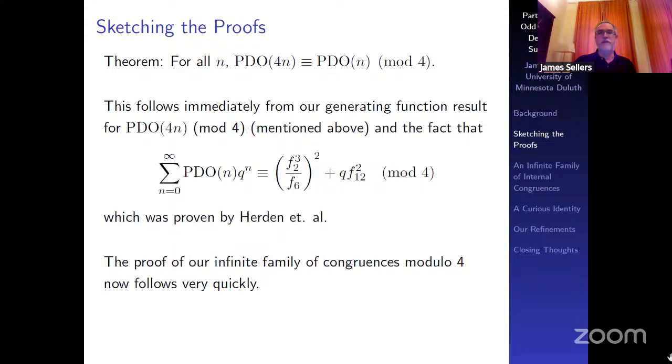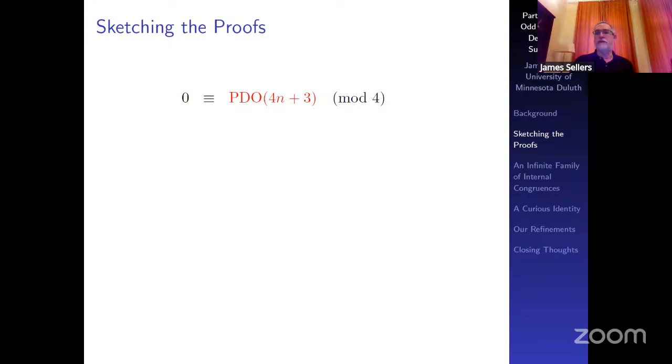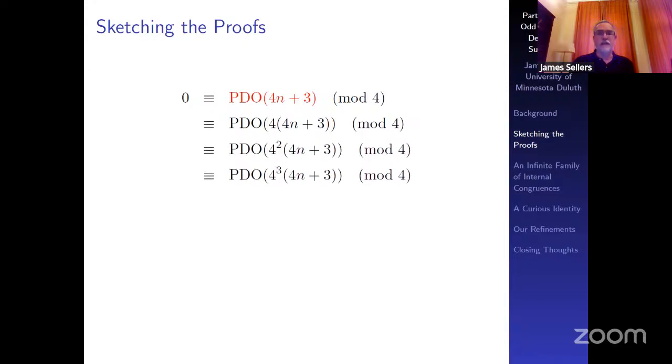So I come over here and replace n by 4n. So I take the 4n plus 3 and replace it by 4 times 4n plus 3. But then I can replace that by 4 times that again, and then again, just by multiplying by 4 every time. You can keep doing this. I decided to stop here. And so this gives us our theorem when the alpha exponent is even.